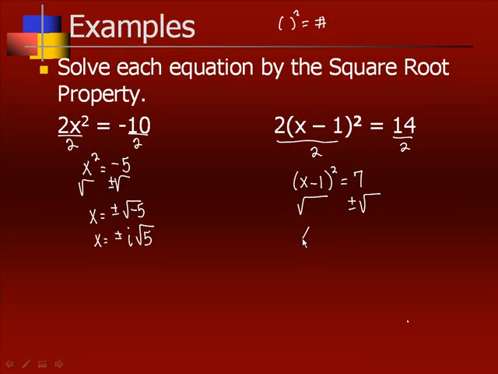The square root of the square cancels, so we get x minus 1 equals plus or minus the square root of 7. Now we've got one more step. We've got to get just x on the side by itself. So we're going to go plus 1, plus 1. So x is equal to 1 plus or minus the square root of 7.